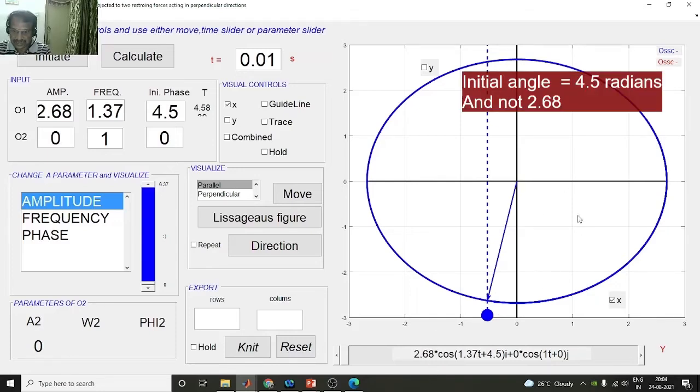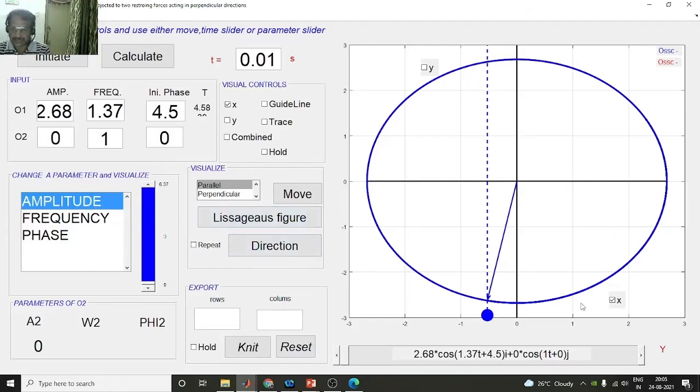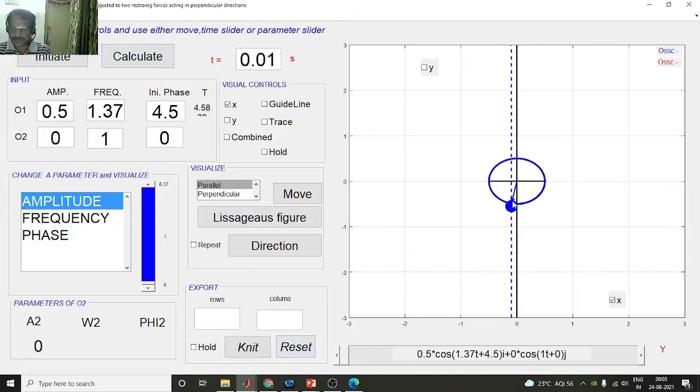The initial angle is 2.68 radians, and it would move with a frequency of 1 point. So in a textbook we don't have an option to see a rotating vector, but here we can see. I'll show it in a moment. If you take another amplitude, let's say 0.5, we have a smaller circle, so the vector would rotate.